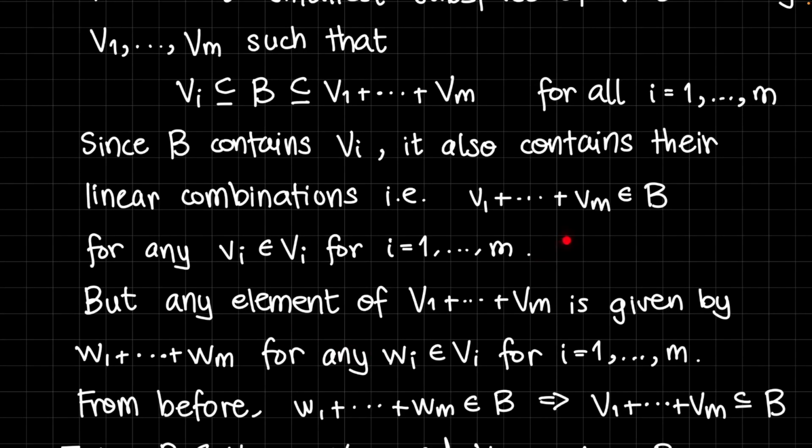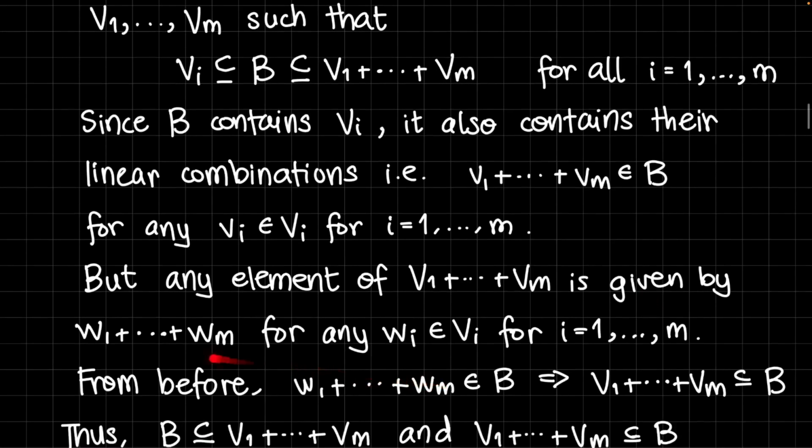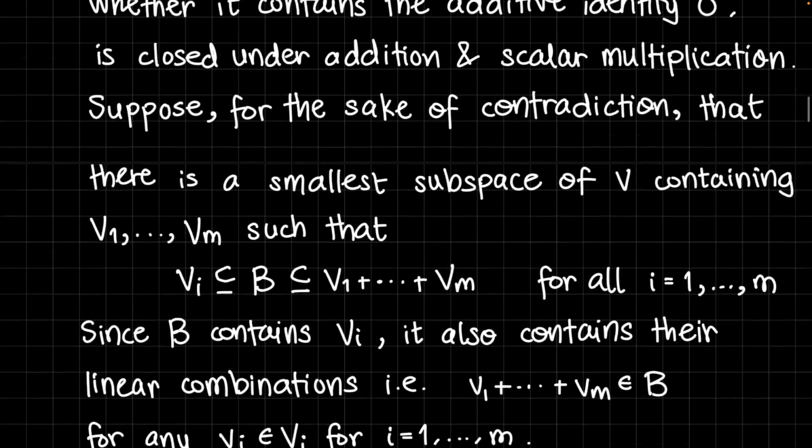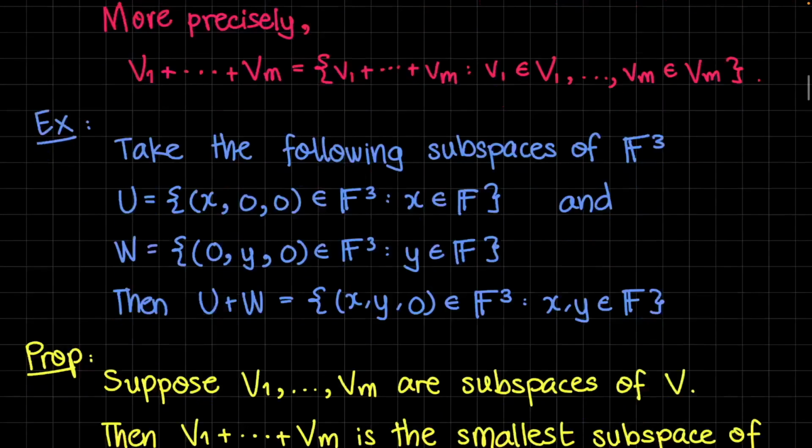That's one relation we have. But any element of the subspace sum is given by w1 plus dot dot dot plus wm for all wi belonging to subspace Vi, for i going from 1 to m. This is just the definition we had before.